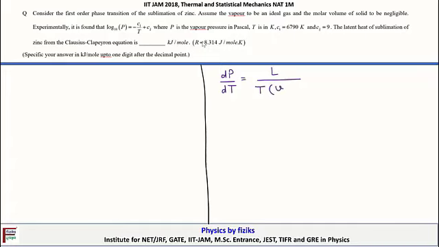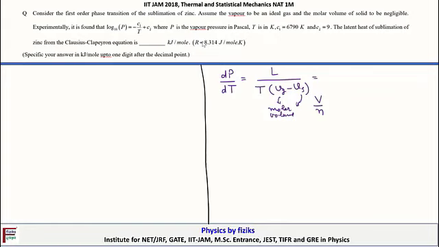Well, it's a sublimation, so that means it's a direct solid to gas transition, Vg minus Vs. So that's the actual form of the Clausius-Clapeyron equation. Note that here Vg and Vs are the molar volumes, Vg in gaseous form and Vs in solid form. So that means it's a volume divided by the number of moles.